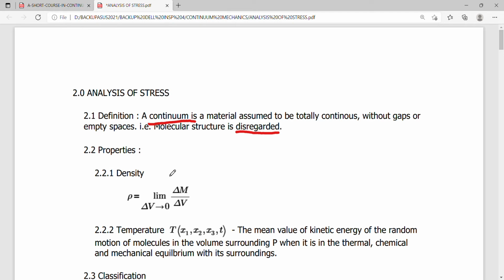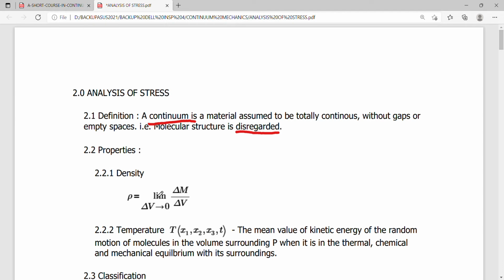So for the properties of a continuum, let's define two important properties we will be considering in our computations when we discuss the analysis of stress and deformation.